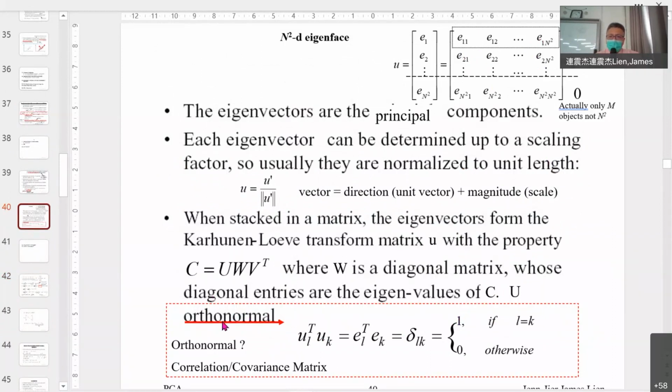So orthogonal 它是垂直。那 why we need orthogonal? It's meaning eigenvector 1 is independent to eigenvector 2，独立才办法相加。Why can we do the linear combination? Ax plus by, x and y, they are orthonormal.